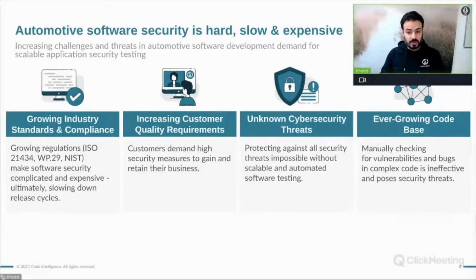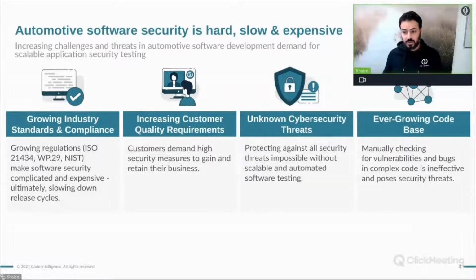And we're dealing with a sort of new IT security landscape here. So not all of the security threats are known, and we need an automated approach to find them.